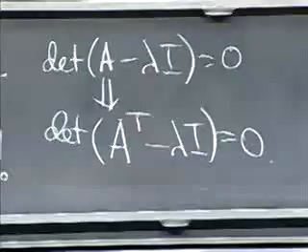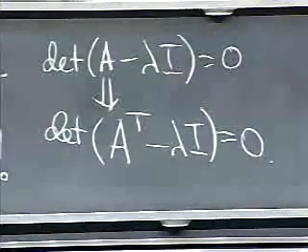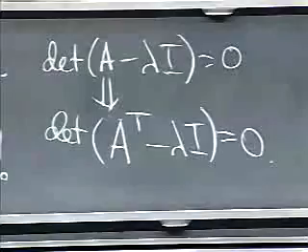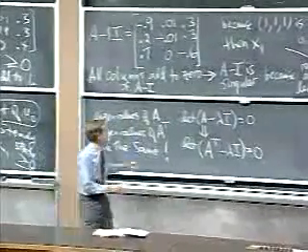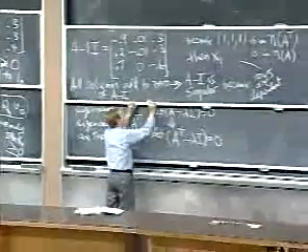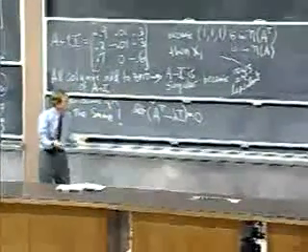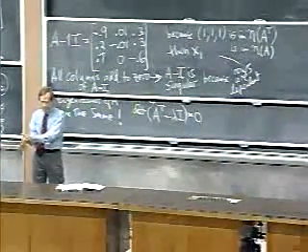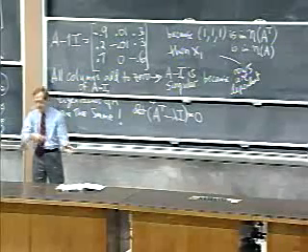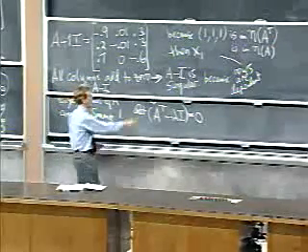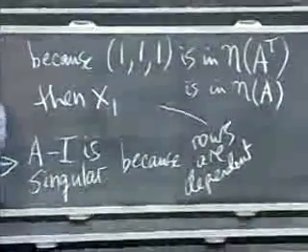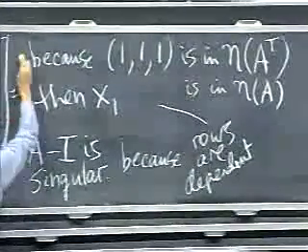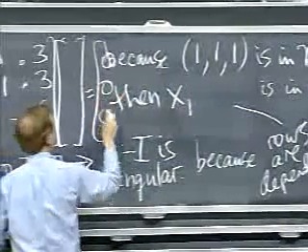So that, backing up to the Markov case, 1 is an eigenvalue of A transpose, and we actually found its eigenvector, 1, 1, 1. And that tells us that 1 is also an eigenvalue of A, but of course it has a different eigenvector. The left null space isn't the same as the null space, and we would have to find it. So there's some vector here, which is x1, that produces 0, 0, 0.